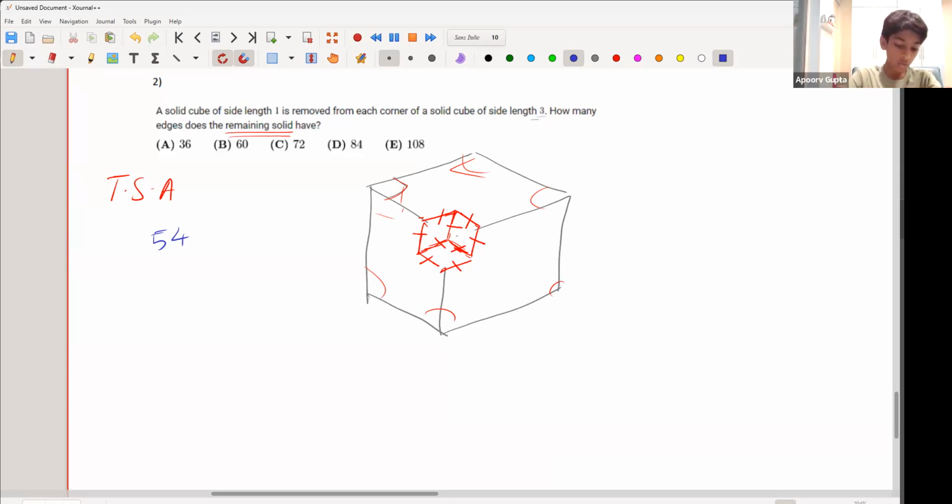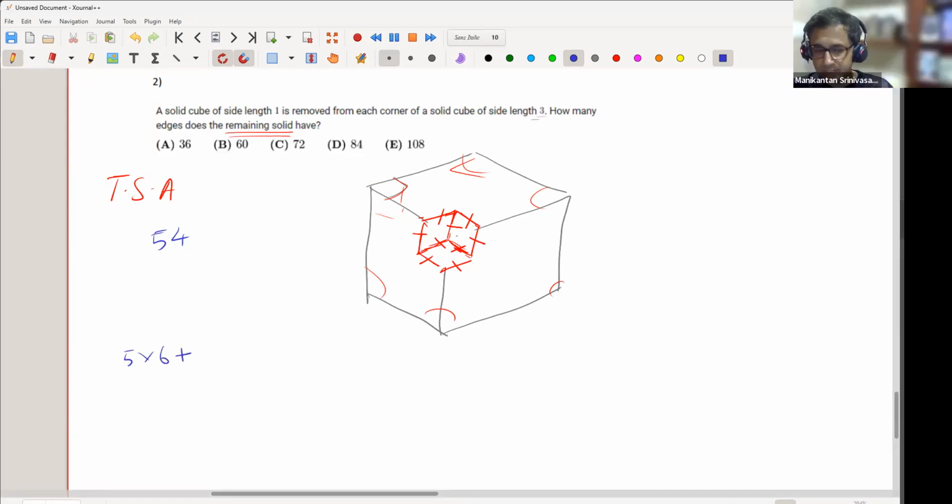The moment you remove a corner, each face will lose 4 small squares. So the surface area of each face will be 5, and then 5 into 6 is 30, plus there are 3 faces at each corner, so 3 into 8 is 24. 30 plus 24 is 54.